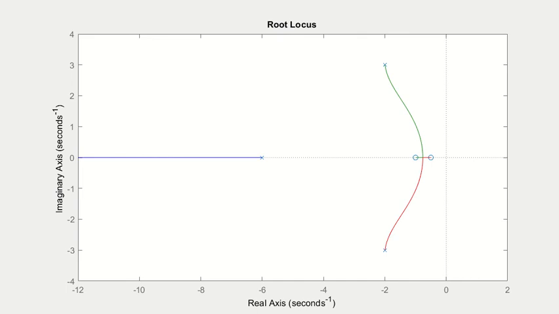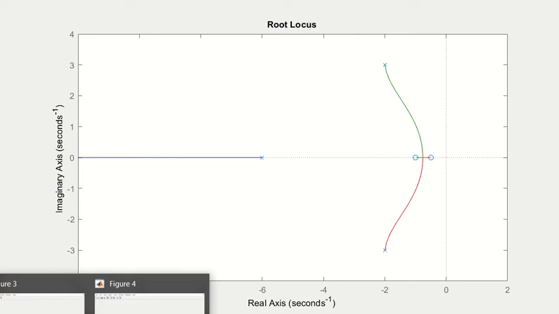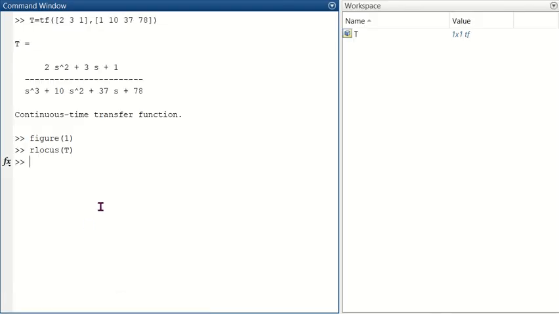Likewise, in order to obtain the Bode plot, we again have a simple command for it. We will be using the same transfer function, and we'll draw this in figure 2. Let us write figure 2 first.